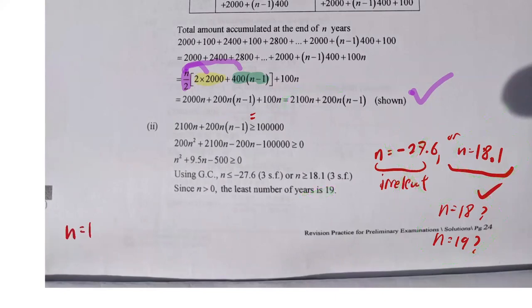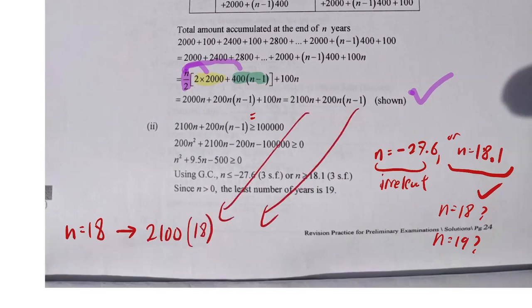If n equals 18, you just check the value under plan A. You just sub in n with 18. Then you type into the calculator how much money you will earn after 18 years.